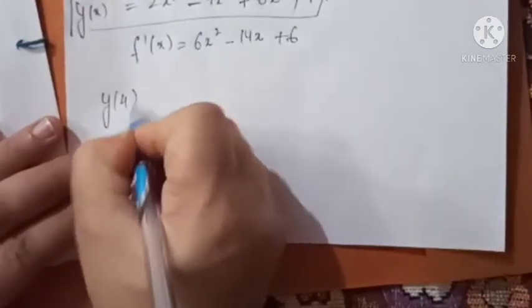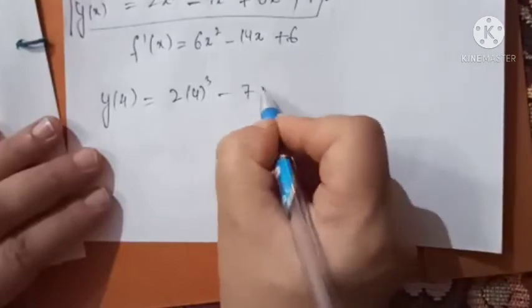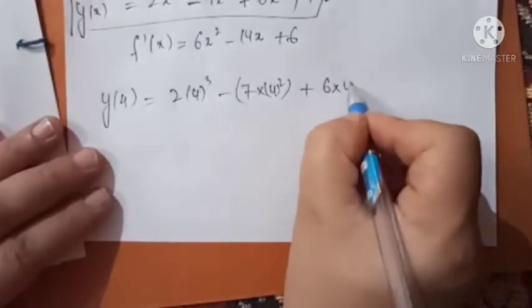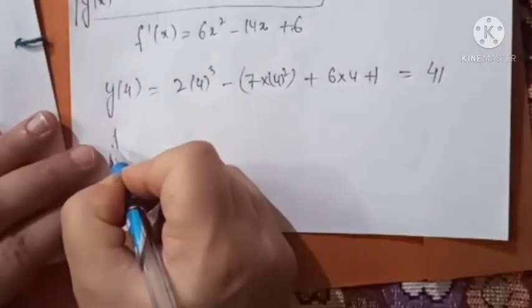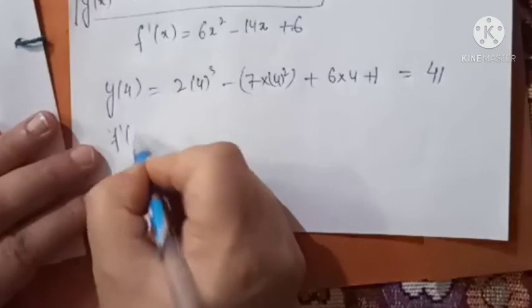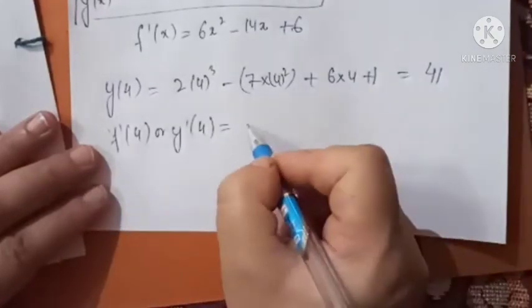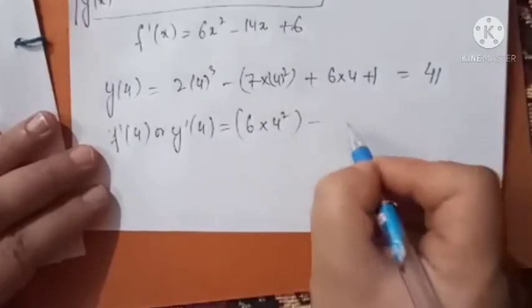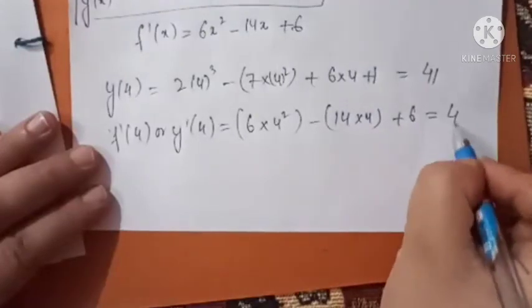So our y of 4 will be 2 into 4 cube minus 7 into 4 square plus 6 into 4 plus 1, which will be equal to 41. And our f dash of 4, or y dash of 4, doesn't matter, is 6 into 4 square minus 14 into 4 plus 6, which will be equal to 46.